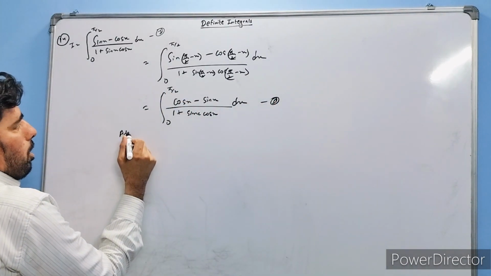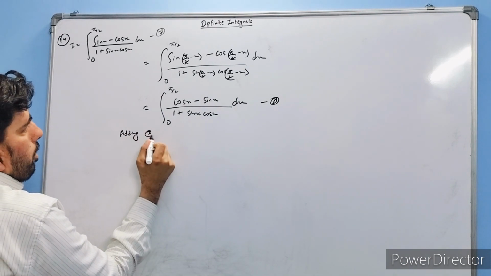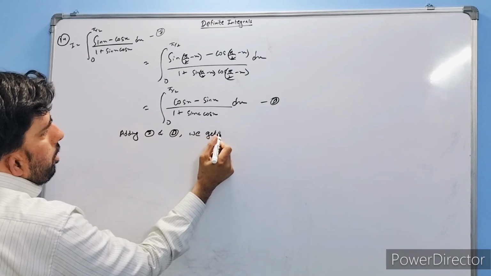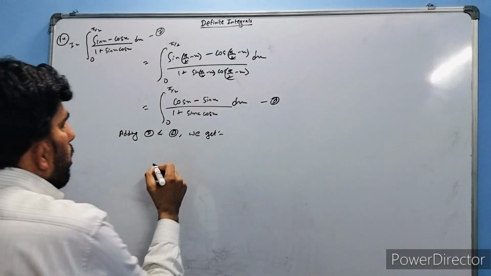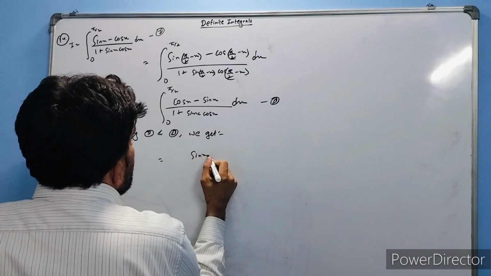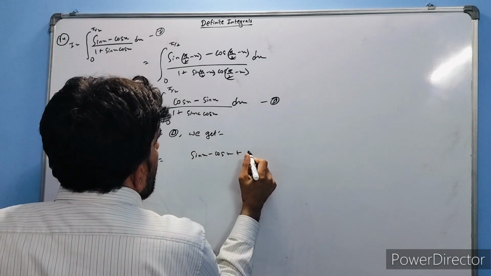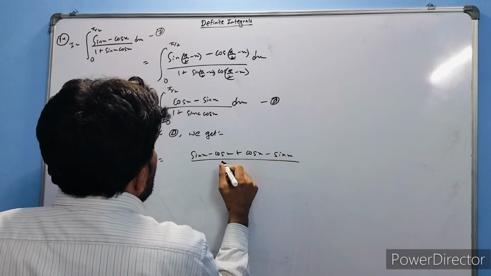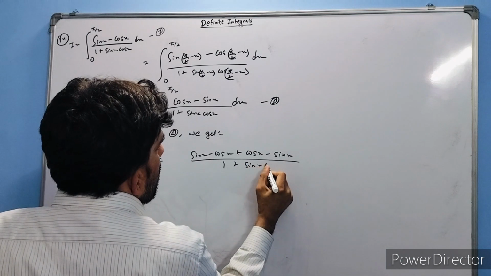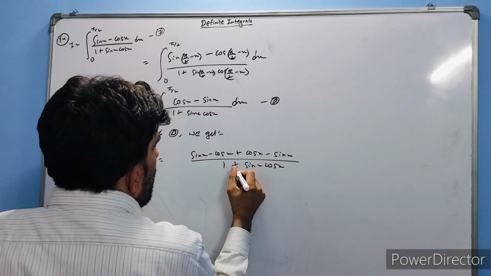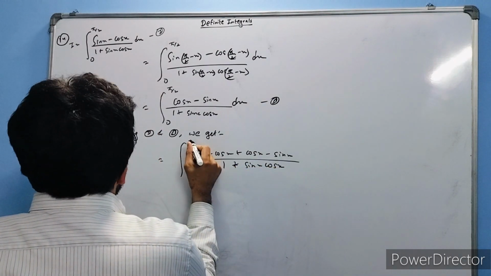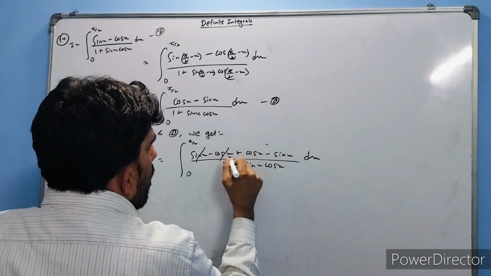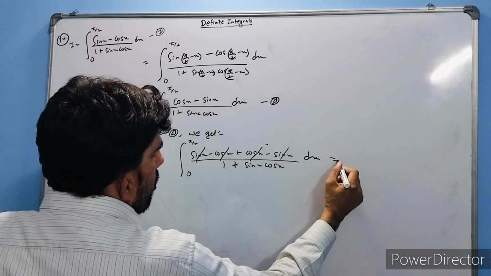Adding first and second, what do we get here? Very simple: sin x minus cos x plus cos x minus sin x upon 1 plus sin x cos x, so 2I is the integral from 0 to pi by 2 of 0 dx, which is equal to 0.